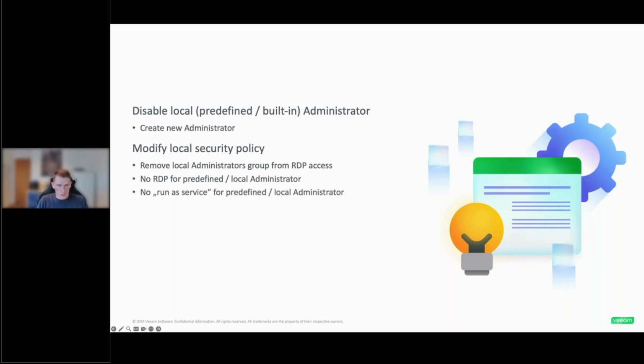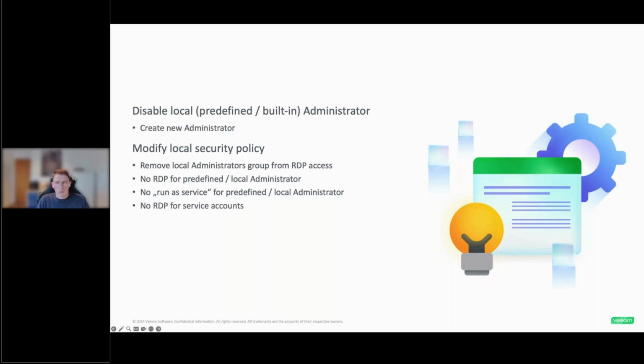You also should deny the run as a service right for the predefined and also all the local administrators, because it's not the purpose of the local administrators to run services. And if an attacker, for example, gets access, however he does that, to an administrator, he will try to run services, or it's very likely that he will talk to any kind of CNC server whatsoever. So make sure to deny run as a service for that account.